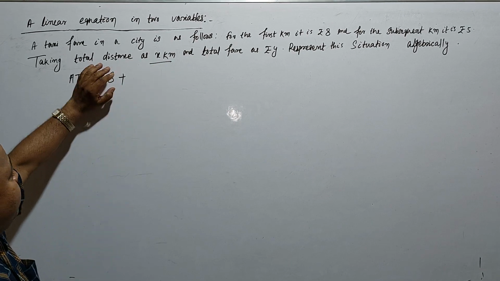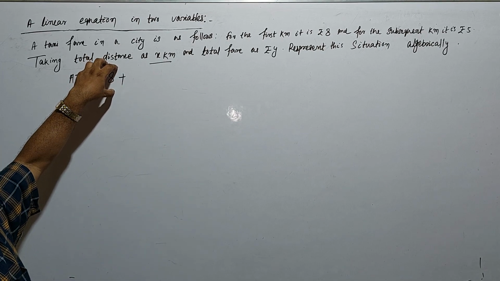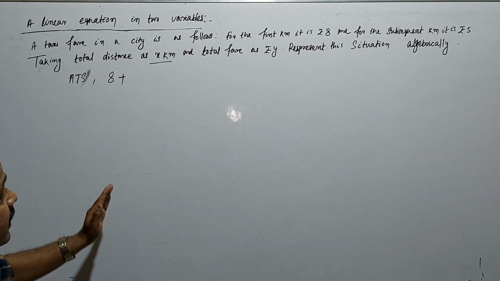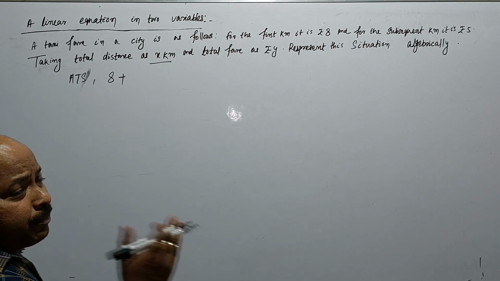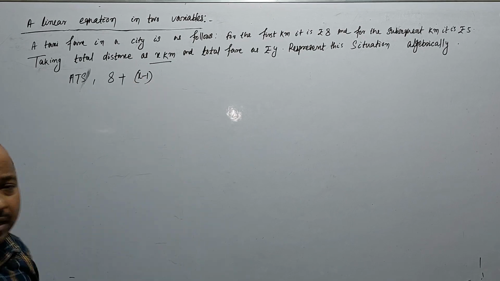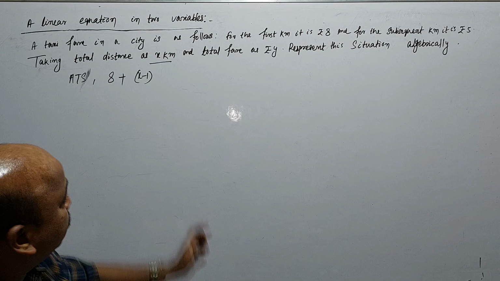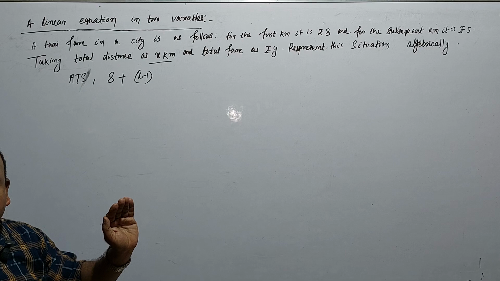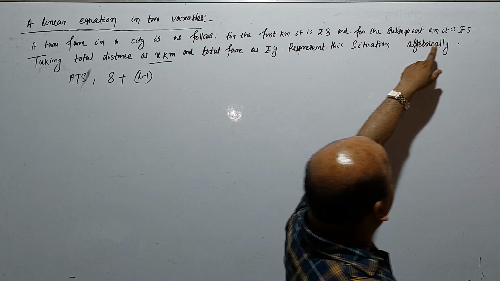X kilometer. Already 1 kilometer has gone, and for that how much payment does he have to pay? He has to pay rupees 8. So means already 1 kilometer gone, and the person has paid rupees 8. Means that is the fixed charge for the first kilometer, and thereafter it is 5 rupees per kilometer. So it is now x minus 1 kilometer remains. Okay, how many kilometers are left? x minus 1 kilometer. Total kilometer given in the question situation is x kilometer. Already 1 kilometer has gone. So the remaining kilometer is x minus 1, and how much in each subsequent kilometer?